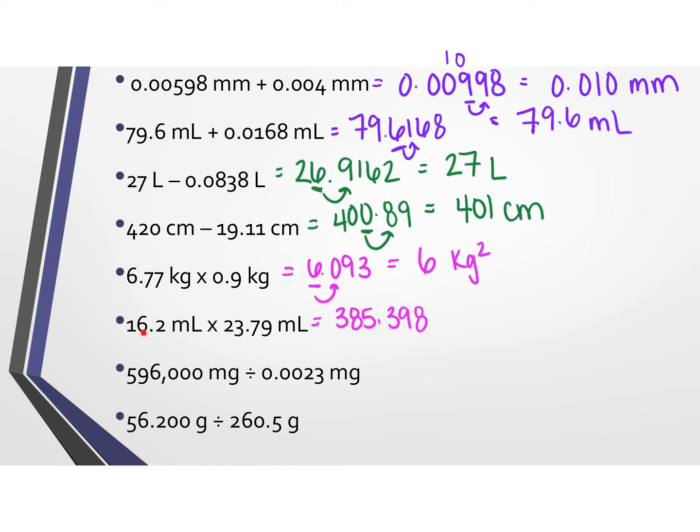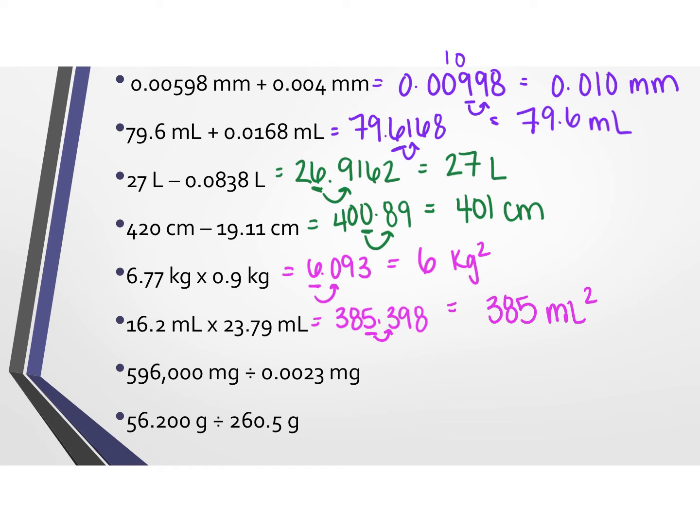How many sig figs in 16.2? Okay, 3. How about 23.79? 4. So how many does your answer have to have? 3, because of this number. So that's our third sig fig, and we look over to the 3. So how are we going to round it? Okay, so we keep it at 385 milliliters squared.